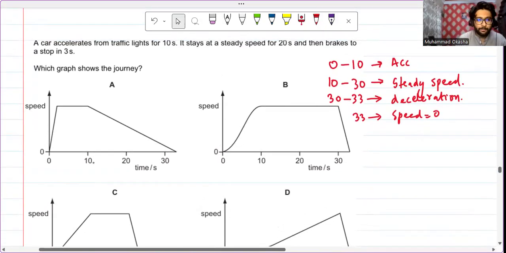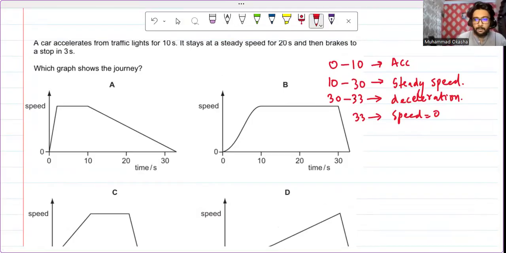Okay, take a look at number one. 0 to 10 should be acceleration, while this is acceleration only from 0 to 3 or something, right? So A would be incorrect. Next, it accelerates, right? Well, let's take a look at number C first.